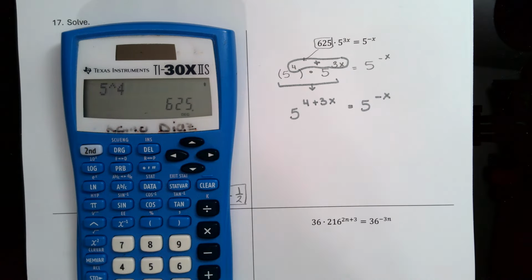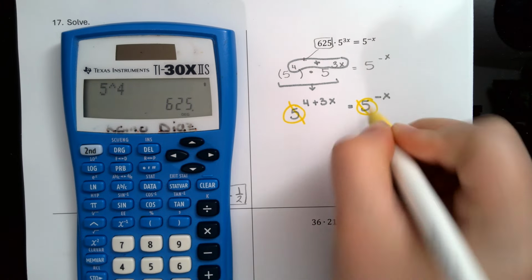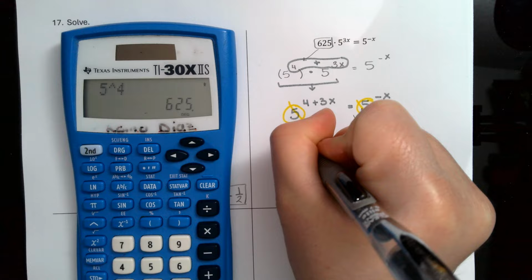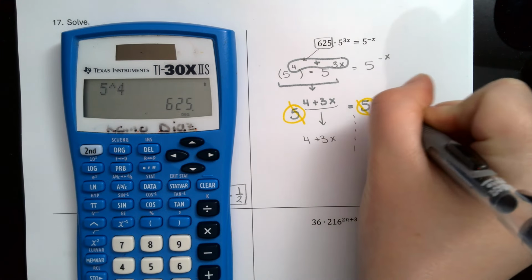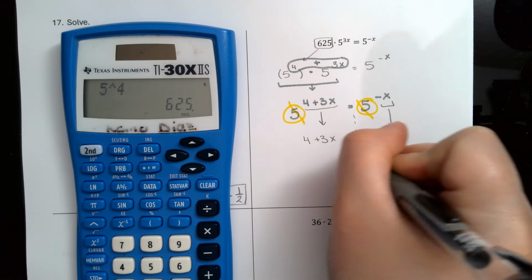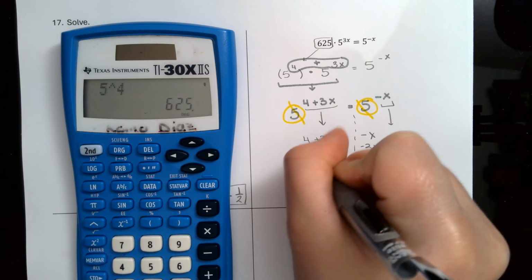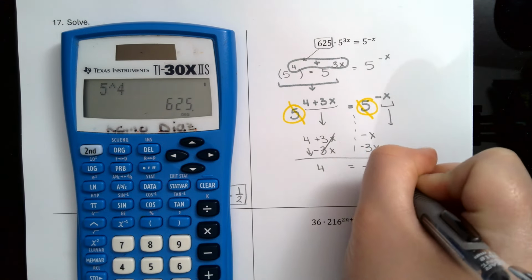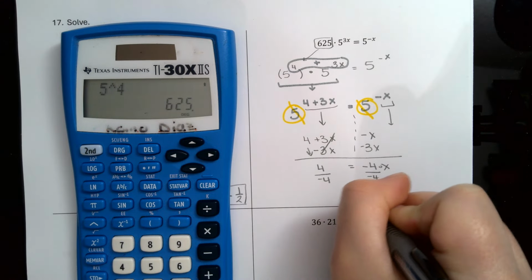Now that I have 1 5 on each side, here's this 5, here's this 5, we can remove those 5s using the one-to-one property. 4 plus 3x is brought down, and -x is brought down as well. I am going to subtract 3x from both sides, giving me a 4 here is equal to a -4x. Divide by -4, divide by -4, and x is equal to -1.